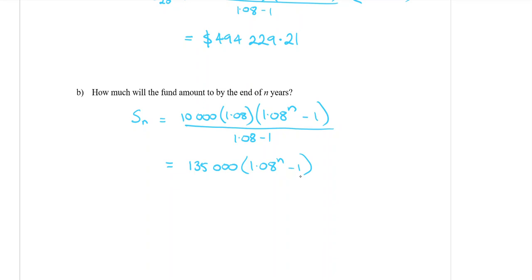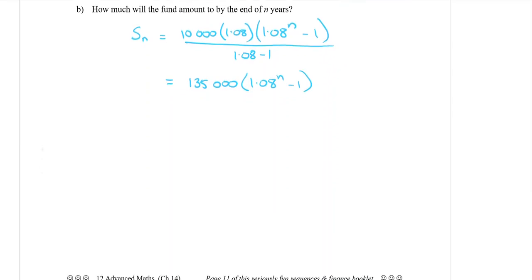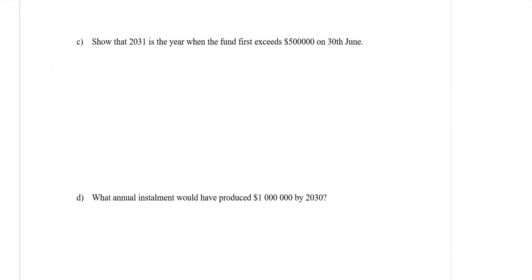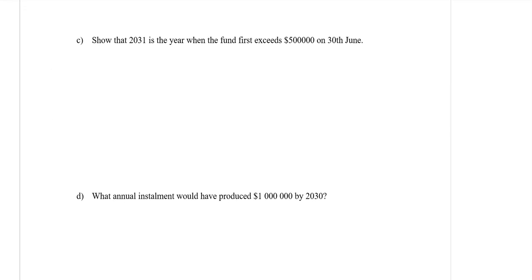Okay, there's still more parts. Let's see what else we can do. Question C. Show that 2031 is the year when the fund will first exceed $500,000 on the 30th of June.